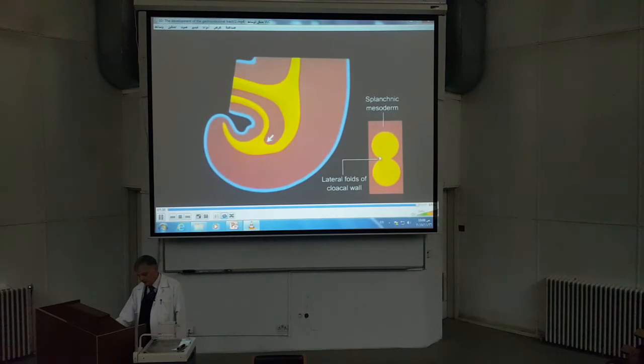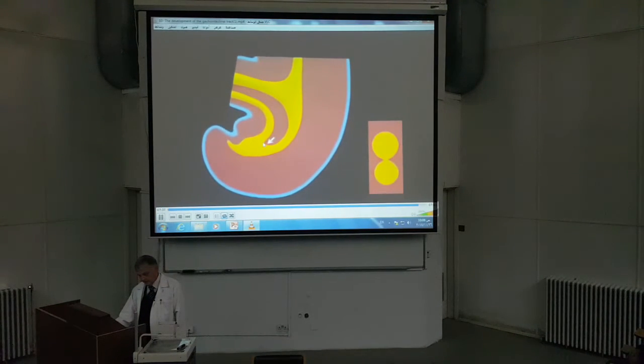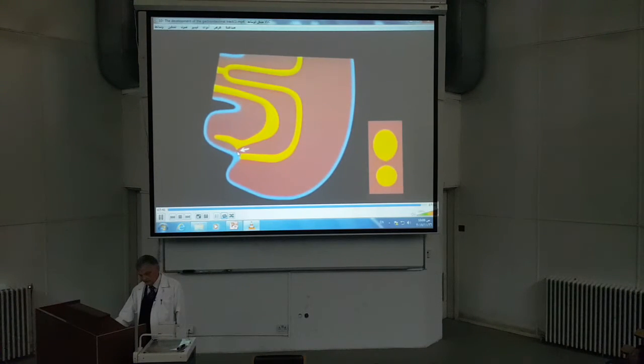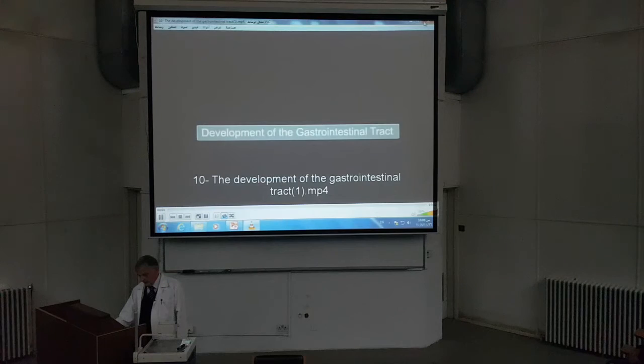Look here what happens. This septum is going this way to stop for the formation of anal canal. Right.